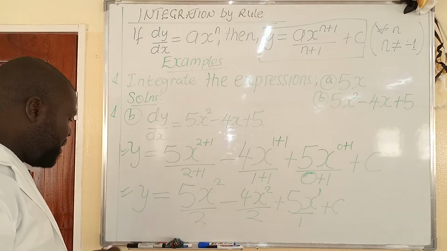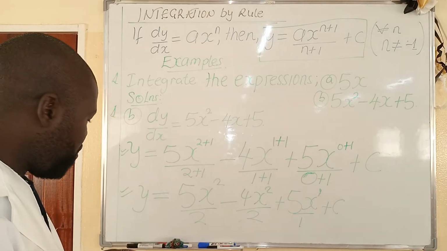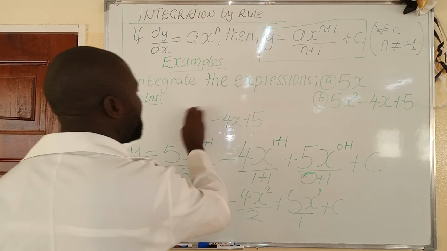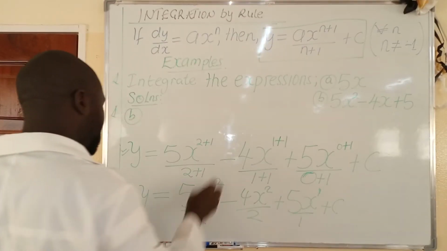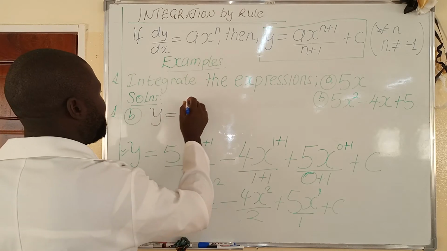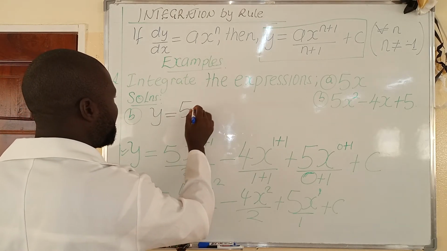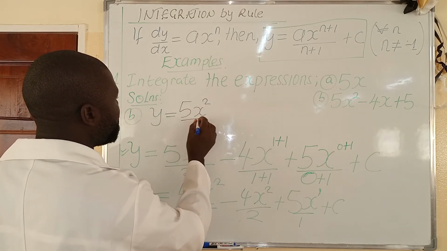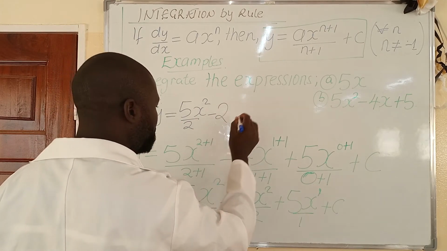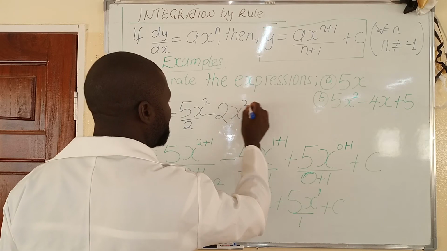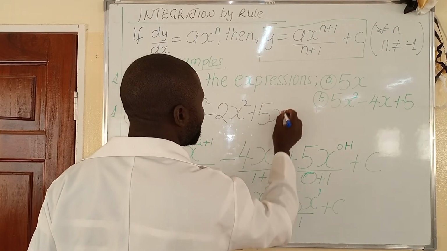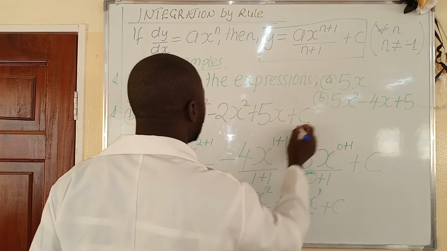So finally, our y is equal to 5x power 2 over 2 minus 2x power 2 plus 5x plus c.